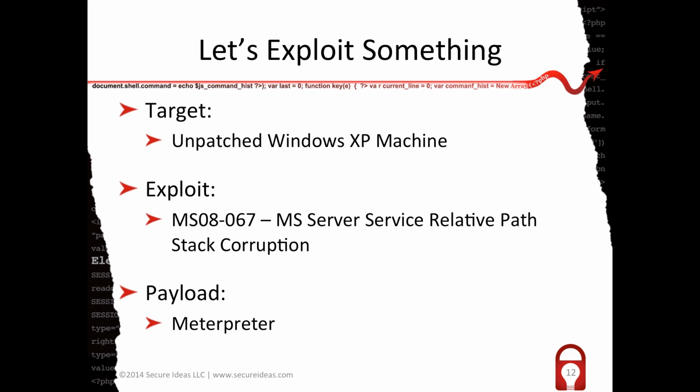If you're not familiar with how Microsoft does their patching and vulnerability naming, MS obviously stands for Microsoft, and 08 stands for the year it was discovered. So this was discovered in 2008, about 7 years ago. 067 is the sequential number of the vulnerability throughout the year, so this was the 67th vulnerability that Microsoft made note of in 2008.